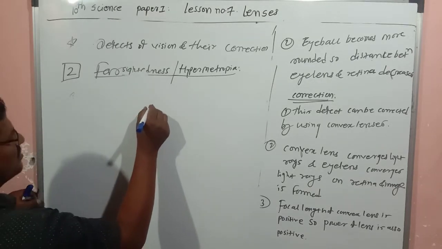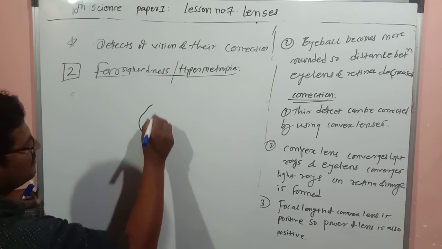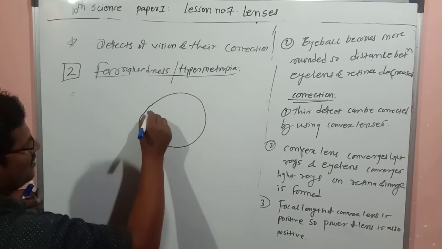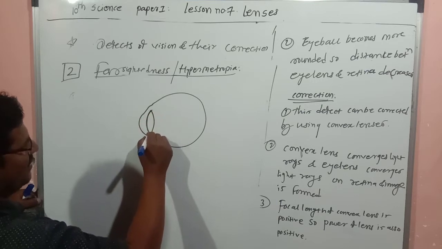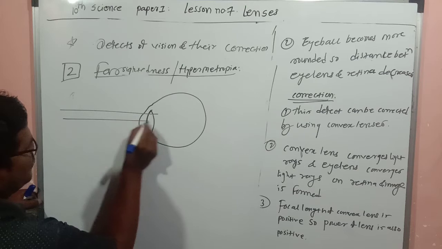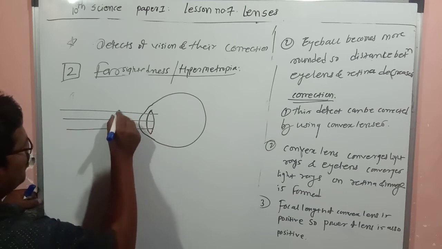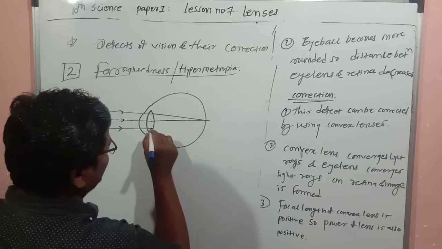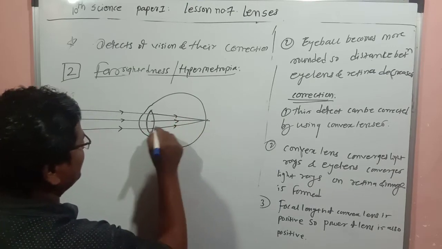Suppose this one will be the cornea, this one will be the eyeball, and there will be the eye lens. Then light rays are coming from a far away object. There is no problem for the convergence. Light rays coming from far away objects will be converged on the retina.